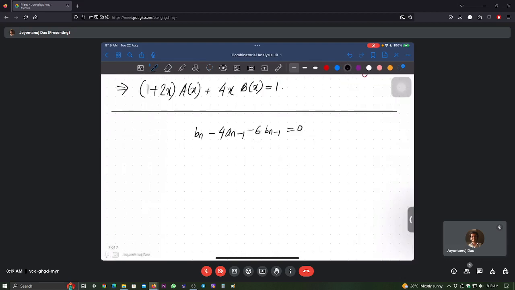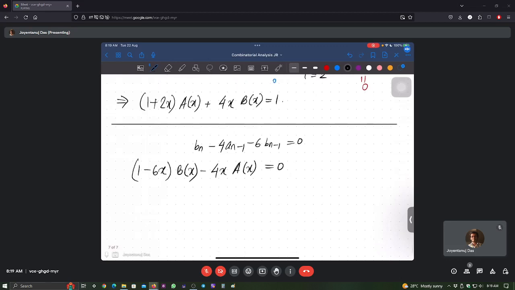So 1 minus 6x times bx minus 4x ax is 0. Right. So now this is my first equation and this is my second equation. Ax, bx are variables. Now you have to just solve this system as a usual system of equations.